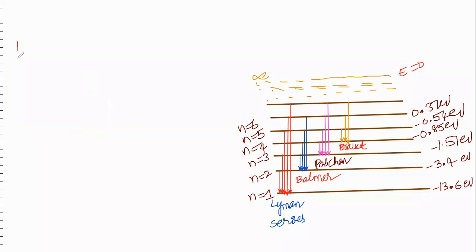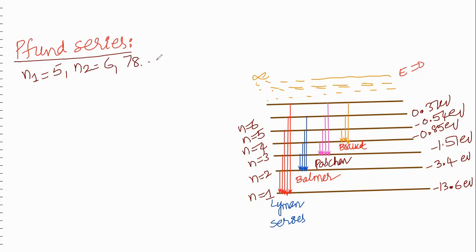Next one is the Pfund series. In the Pfund series, we take n1 is equal to 5, n2 is equal to 6, 7, 8, and so on. The corresponding transitions: 6th to 5th or 7th to 5th, like any of the higher orbits to the 5th orbit.